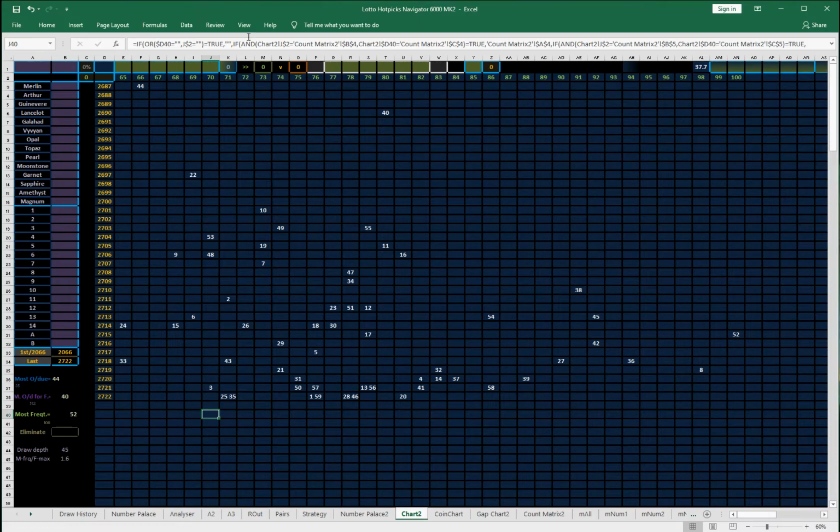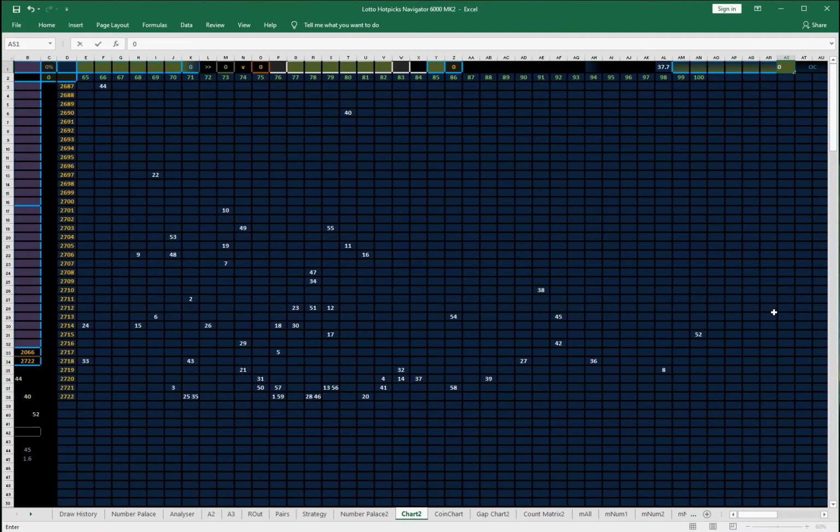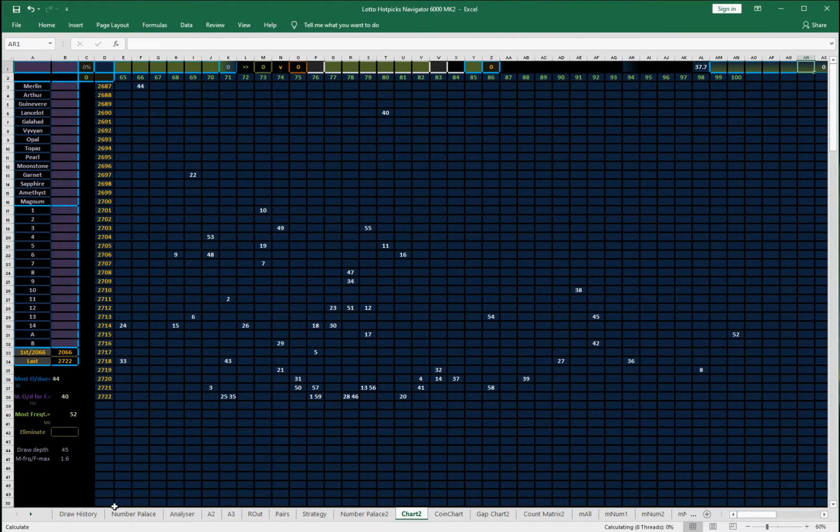Now, if we want to look at just one column, and we want to see the frequency of all the numbers just in, like, first position, the first number to be drawn.